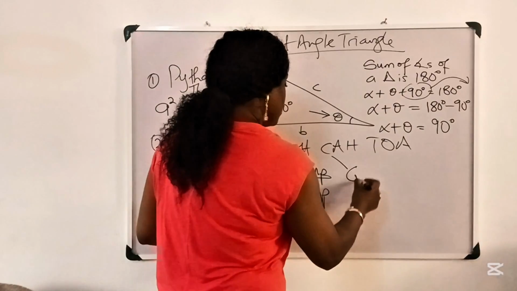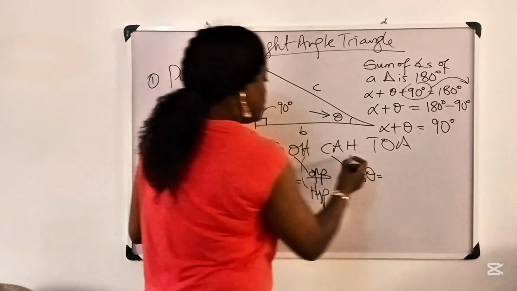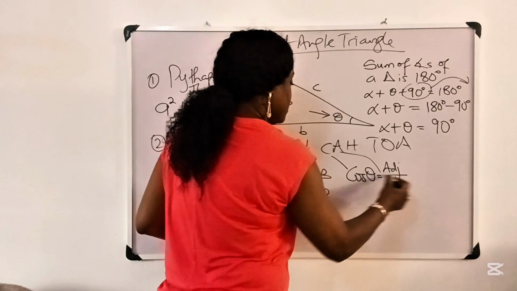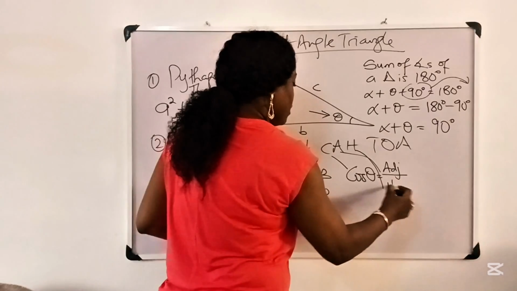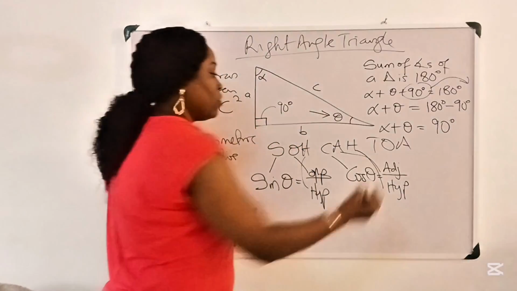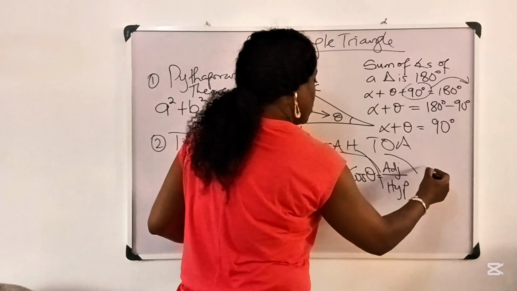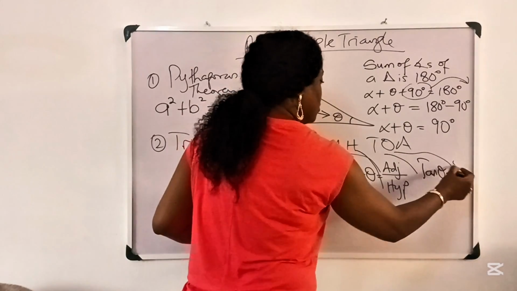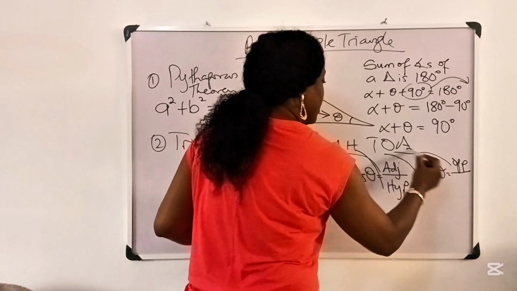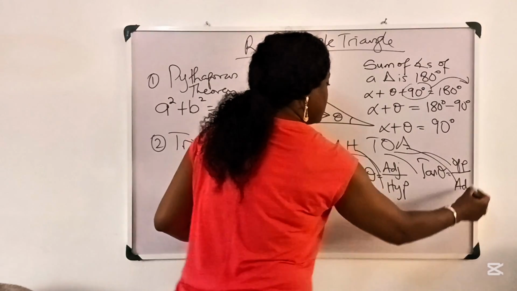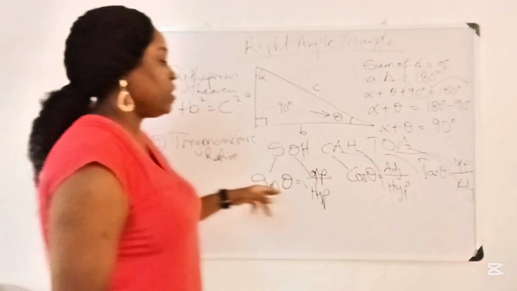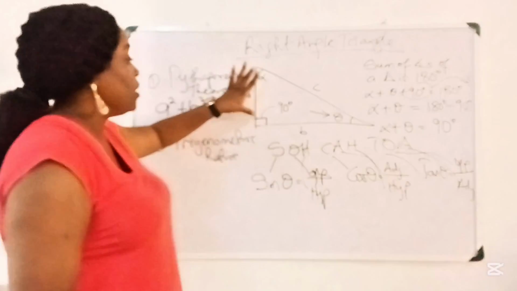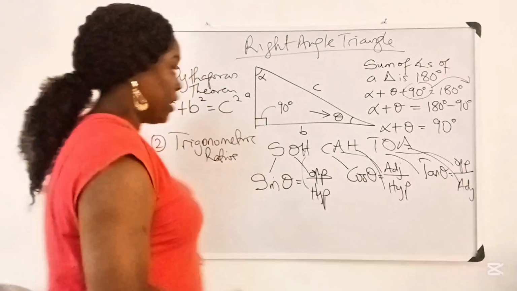C stands for cos theta equals adjacent over hypotenuse, while T stands for tan theta equals opposite over adjacent. So these are the three main trigonometric ratios that can be applied on a right angle triangle.